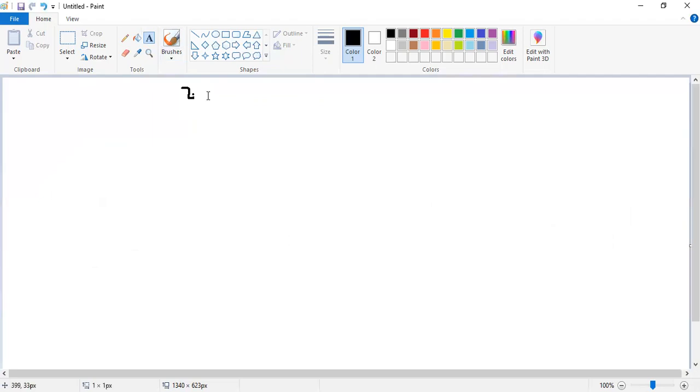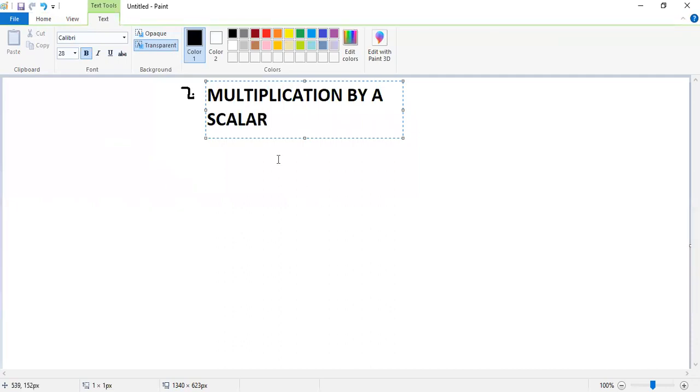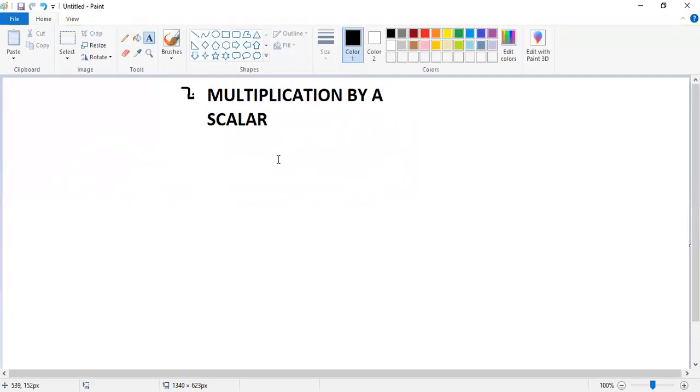The second type, which is the multiplication by a scalar. So someone asked that we are saying that elementary row operations work by combining different rows to get a result. Why is that multiplication? You are saying by a scalar.